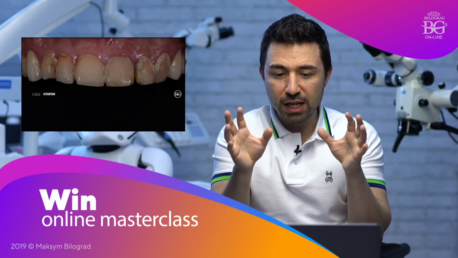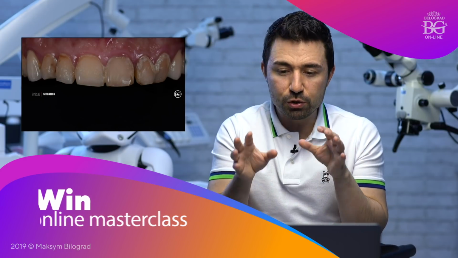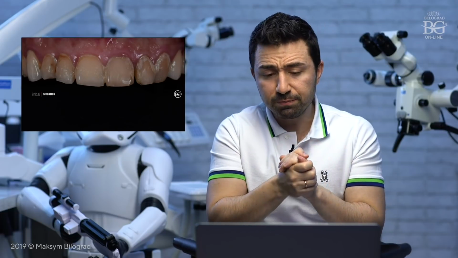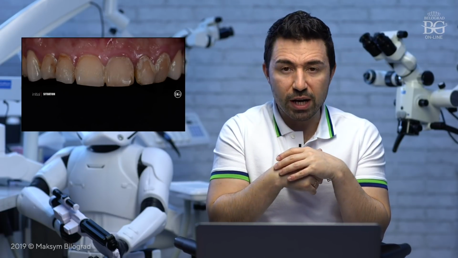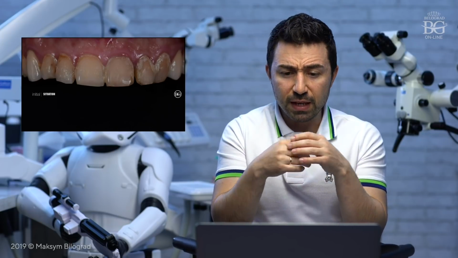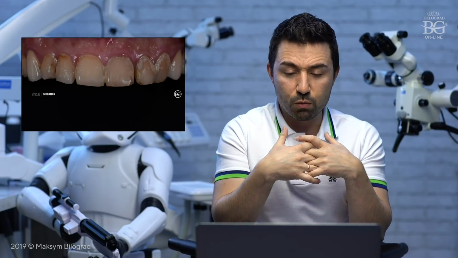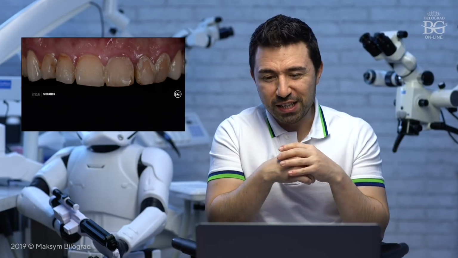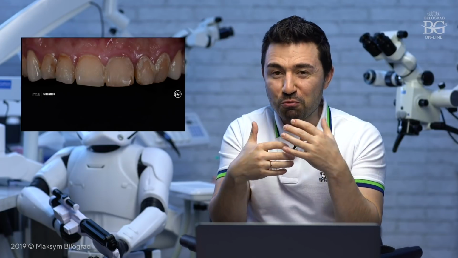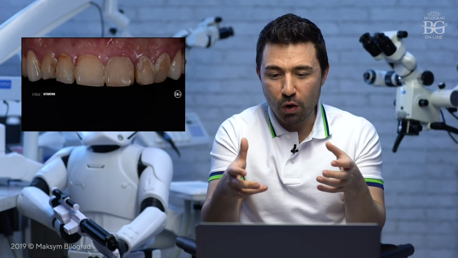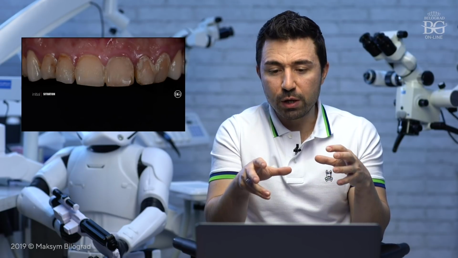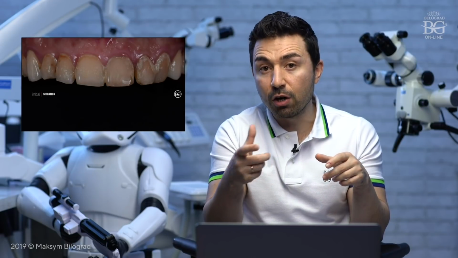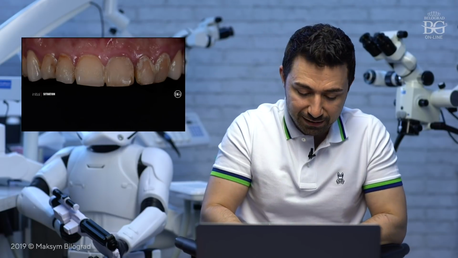So let's just take a brief look at the initial situation. We have a patient that came to our clinic with a strong request to improve his smile. The appearance of his teeth was not so beautiful, and he was upset because of aesthetics, and also he was not happy because of the color of some of his teeth.